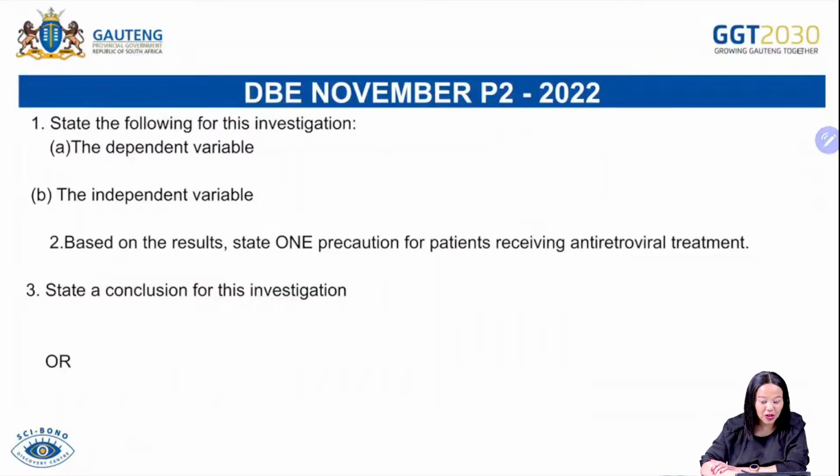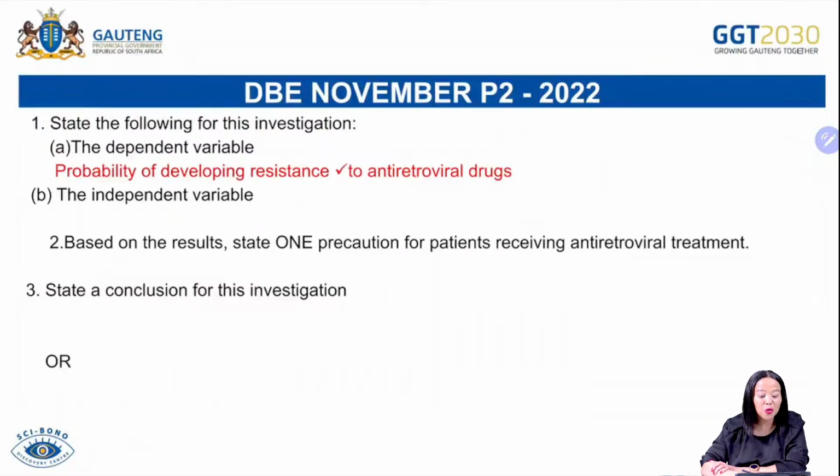The dependent variable here is the probability of developing resistance to antiretroviral drugs. So the probability of developing resistance depends on what? On the number of missed treatments. So the number of missed treatments is the independent variable, the variable that the investigator can change, the variable that the investigator can manipulate.